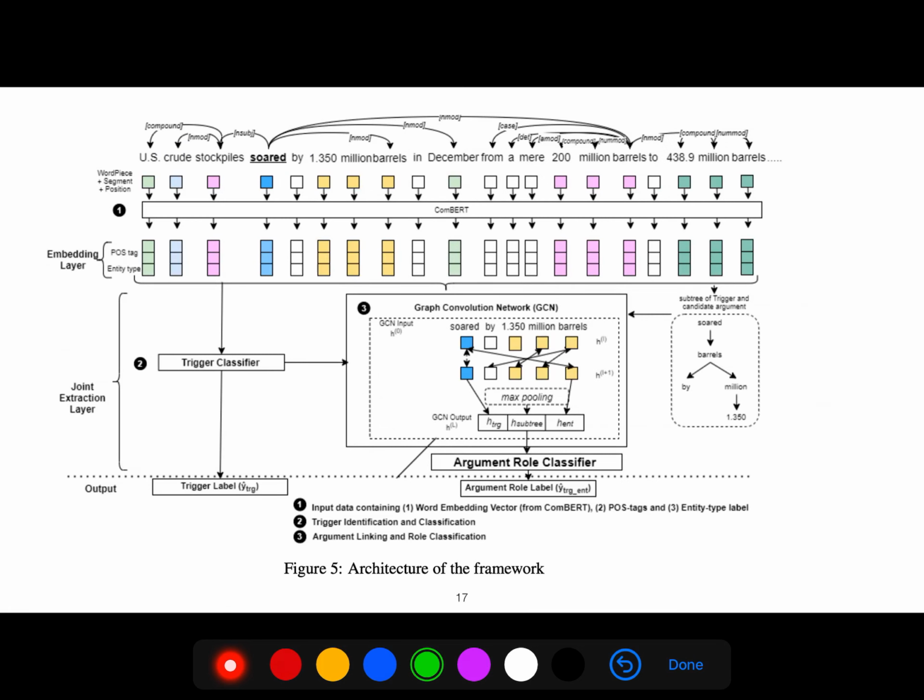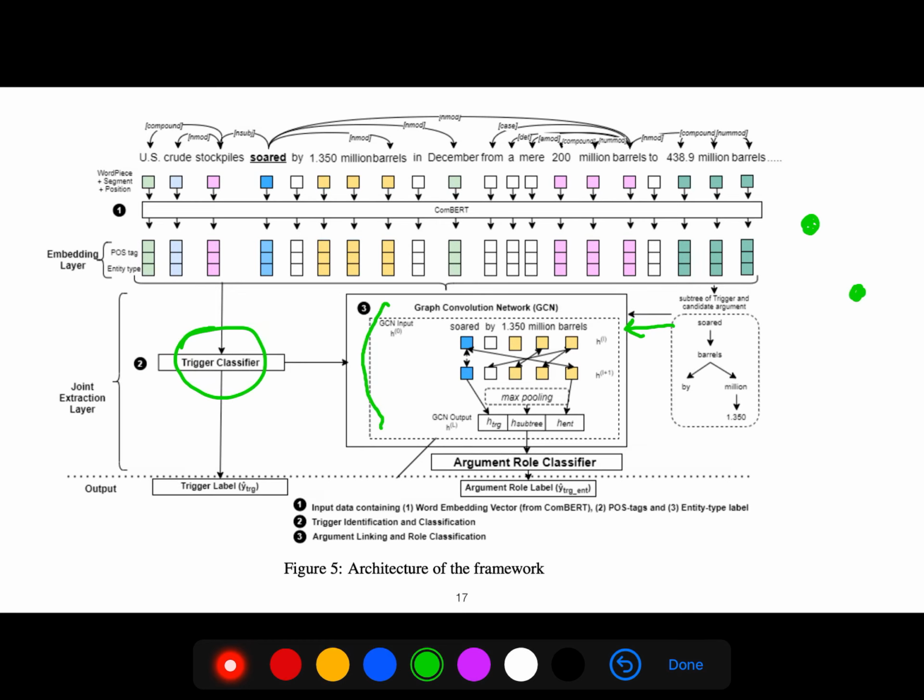So this is the architecture. First, we give it to ConVERT, so we have a good embedding layer. Then we do trigger classification. Now we are ready to create the graph because we know the dependency parse of that. So we get the subtree, not all of them, just the subtree between the trigger and the mentions.